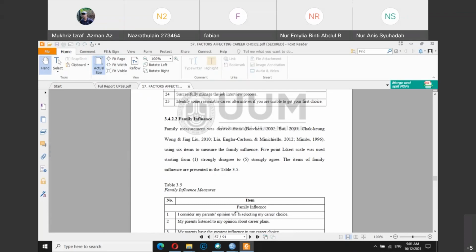Meaning the empirical reviews. That's why in chapter 2, you need to try to understand as much as you can of what you are referring to, not simply copy and paste it into chapter 2.